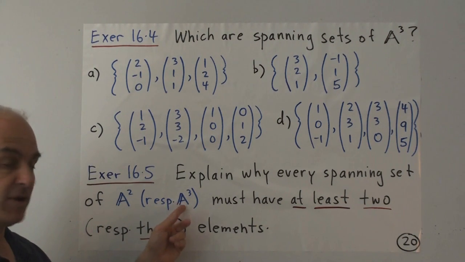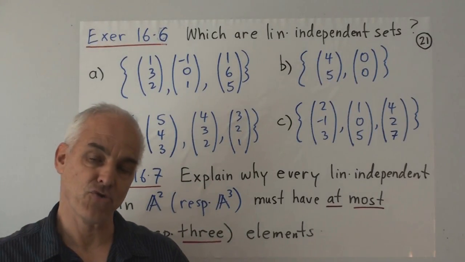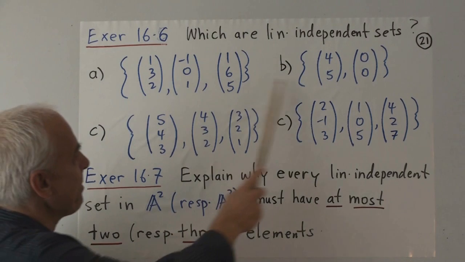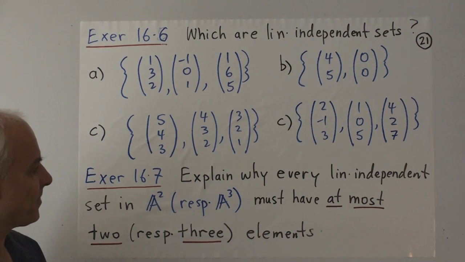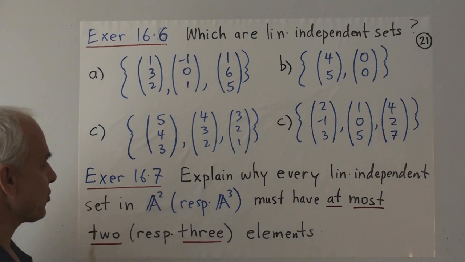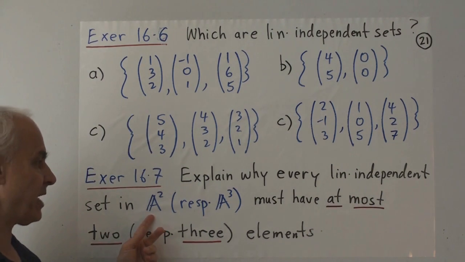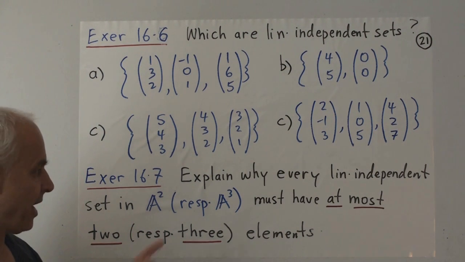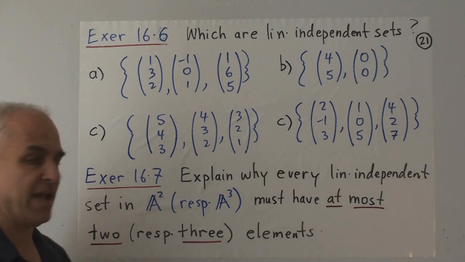A spanning set of A3 must have at least three elements. And our final two questions have to do with linearly independent sets. In the first one, I'm asking you to figure out which of these sets is linearly independent. And the last question, explain why every linearly independent set in two-dimensional space must have at most two elements, and why in three-dimensional space it must have at most three elements.